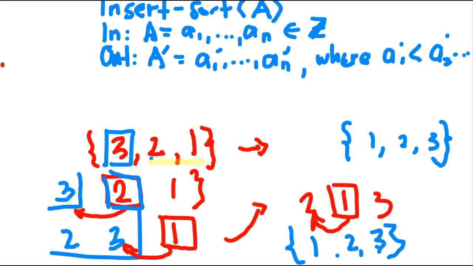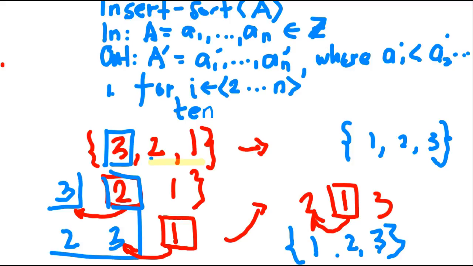So in this pseudocode, we could simply focus on the second element. So for i being the second element up to the last, we are going to pick a temporary value, otherwise known as a key. The temporary value that we pick will be a sub i.